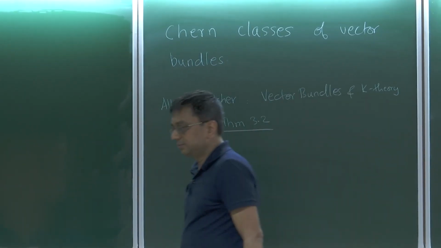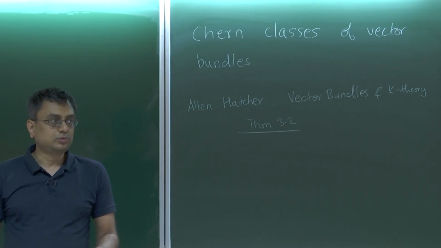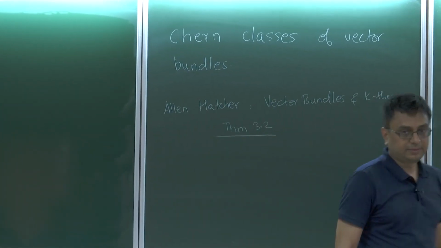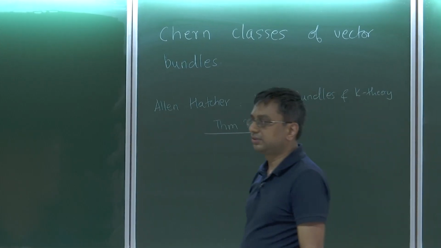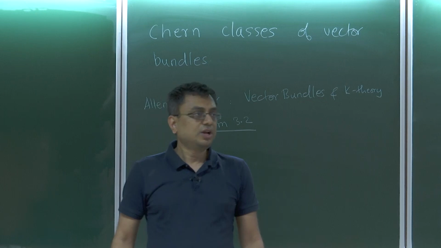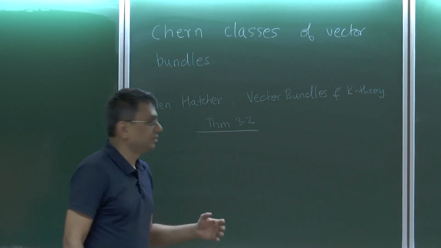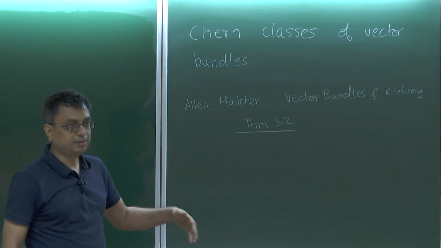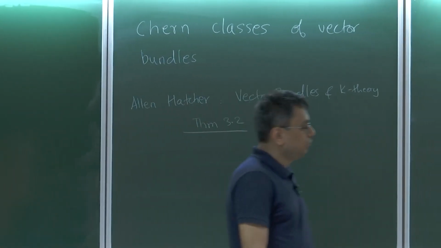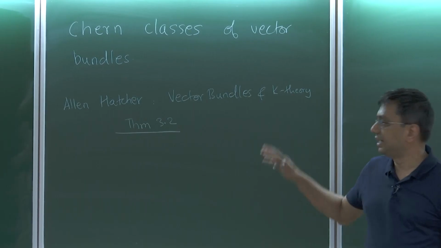There are two reasons why I want to first do Chern classes for vector bundles on topological spaces before going to schemes. One is that we still need time to develop Chow groups and get used to that, and there is great danger of losing sight of the main ideas in that technicality.